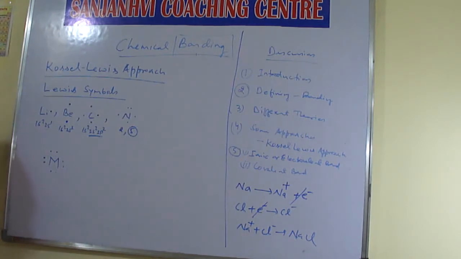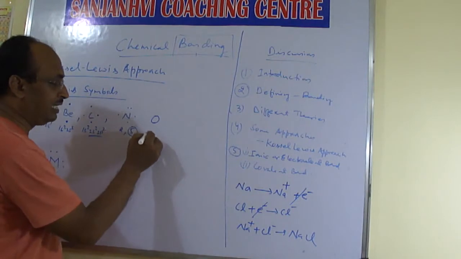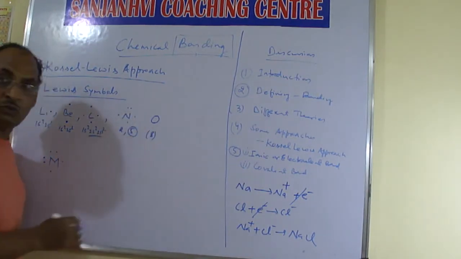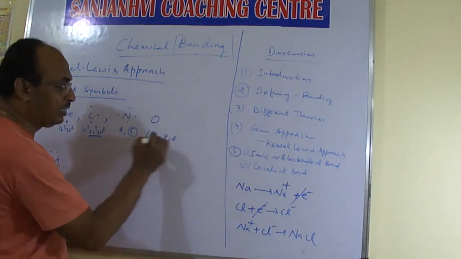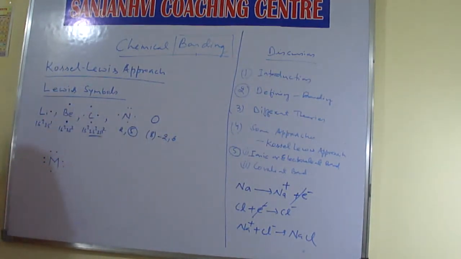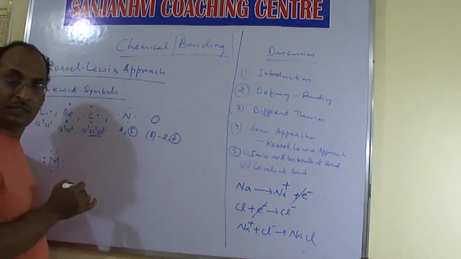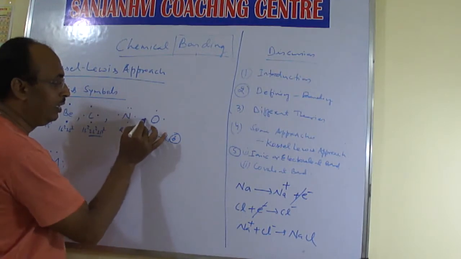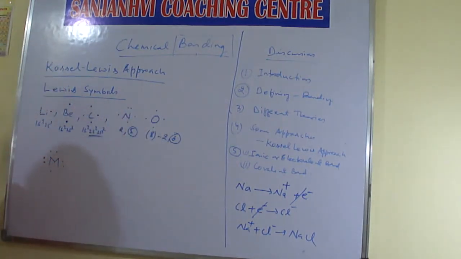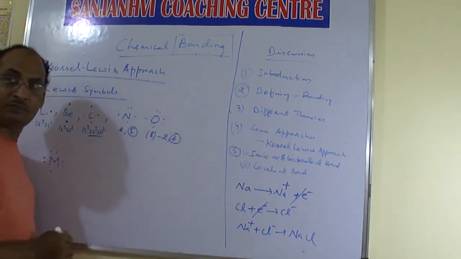Now see oxygen. Oxygen has 8 electrons, which can be written as 2 and 6. Valence shell electrons are 6. Then 1, 2, 3, 4, and now 5 and 6.